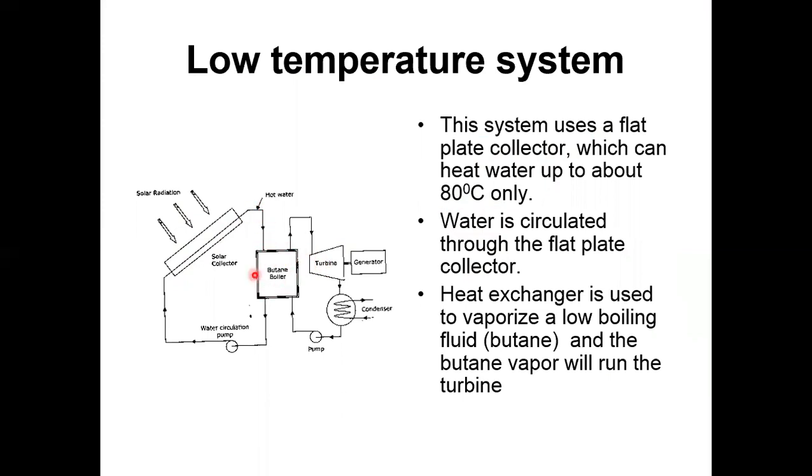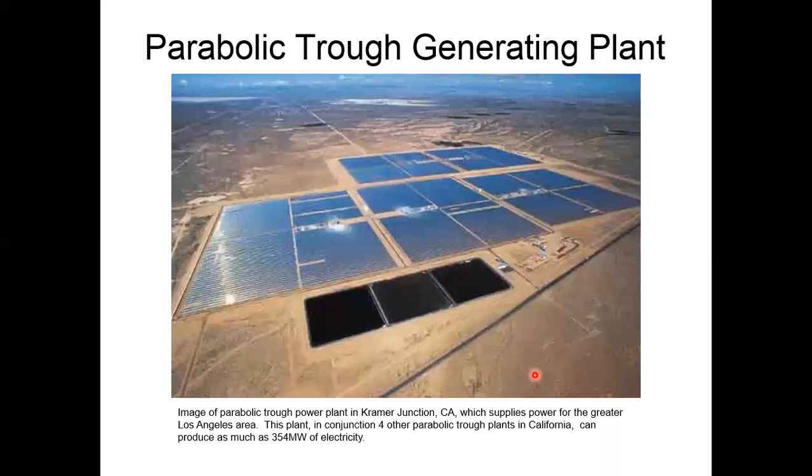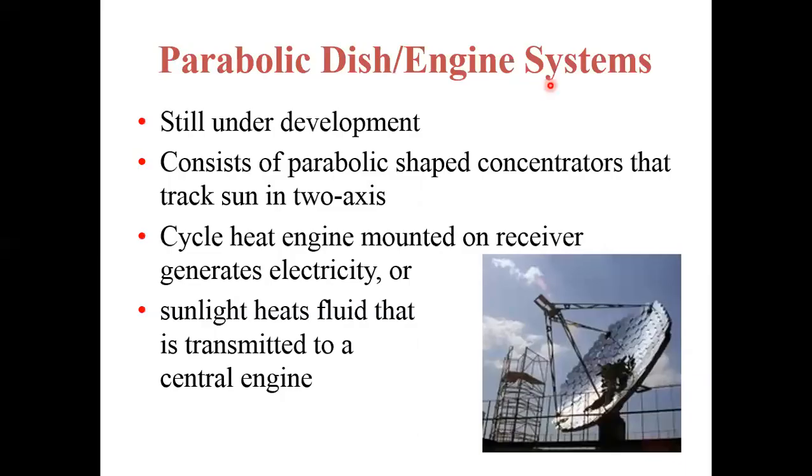Hot water will go to the boiler, and from here the steam will go to the turbine. A heat exchanger is used to vaporize a low boiling fluid. So what is the low boiling fluid? It is butane. That's why the temperature is low, it is 80 degrees Celsius. And the butane vapor will run the turbine. Here we can see the example, that is a parabolic trough generating plant, a low temperature plant.